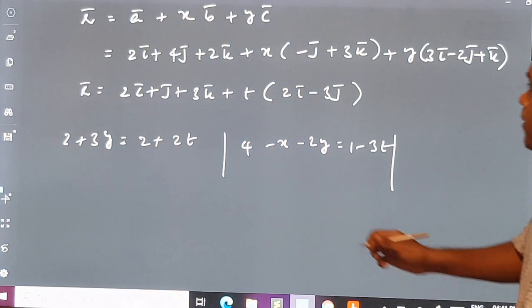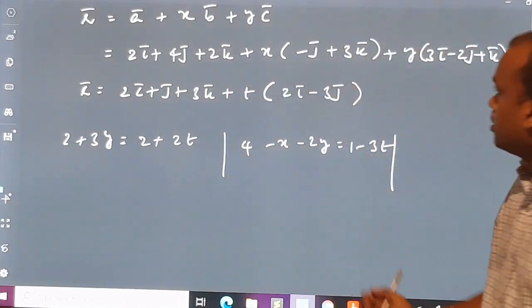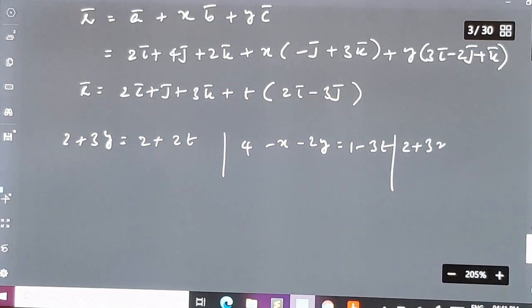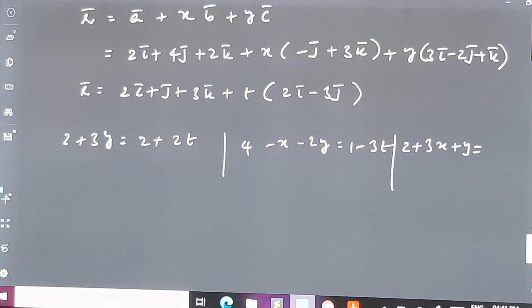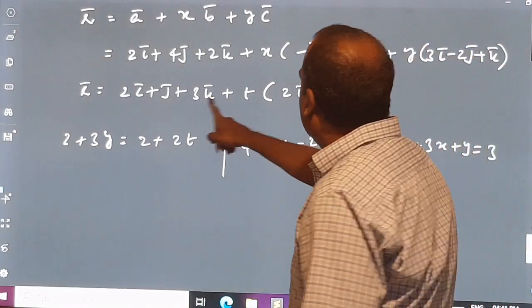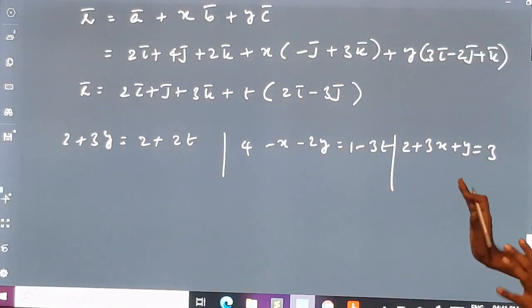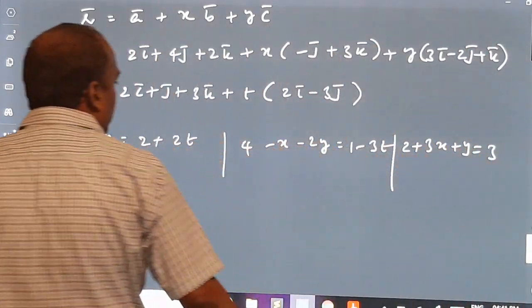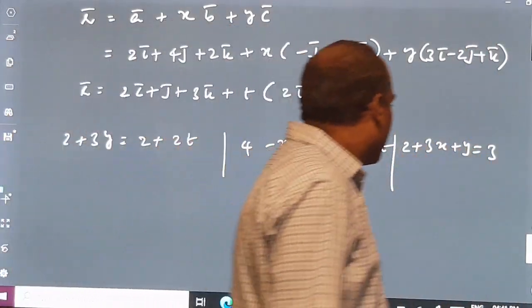Now for k bar, it is 2 plus 3x plus y is equal to, on the other side, 3, because for k bar over here only 3 is there. And now we have to solve them for the values of x, y and t.